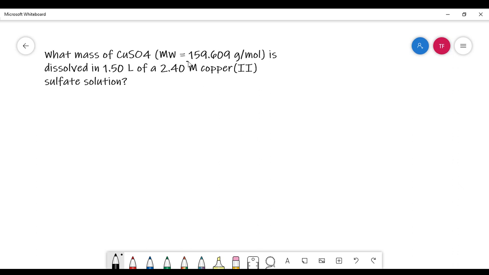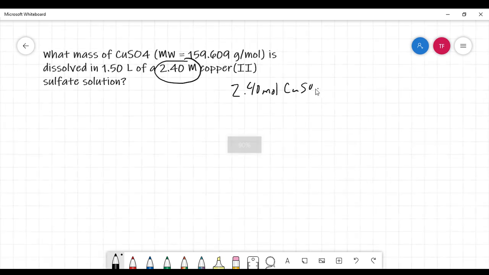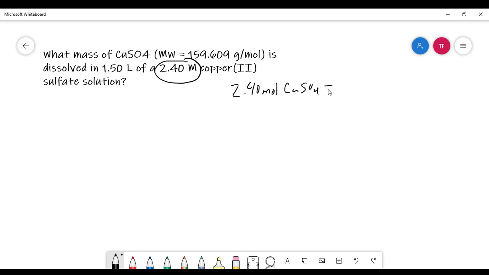Now, one thing to remember, when you're given the molarity of the solution, this is actually a nice conversion factor. We know that there's 2.40 moles of copper(II) sulfate for every 1 liter of copper(II) sulfate solution. So molarity can actually be used as a conversion factor between moles and liters of the solution.